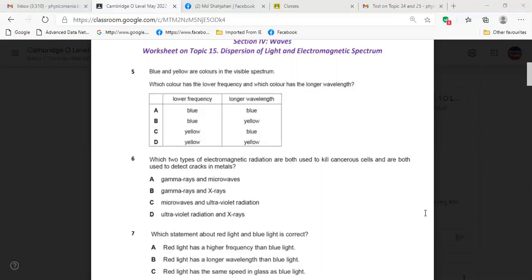More frequency, longer wavelength. Blue will be higher frequency, and yellow will be more wavelength, long wavelength. So it's clear to you, right? Yes, sir.